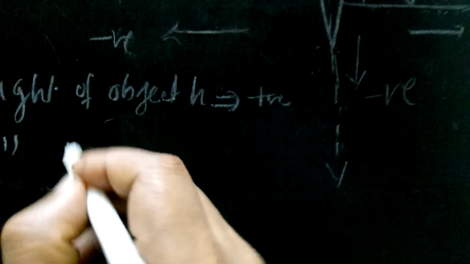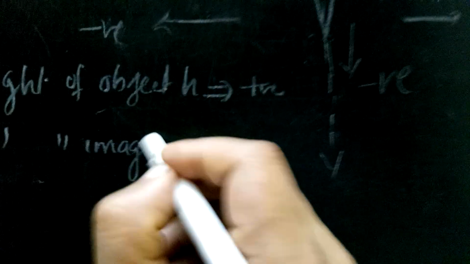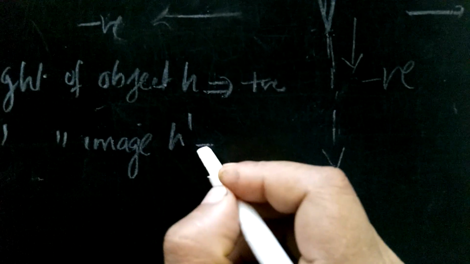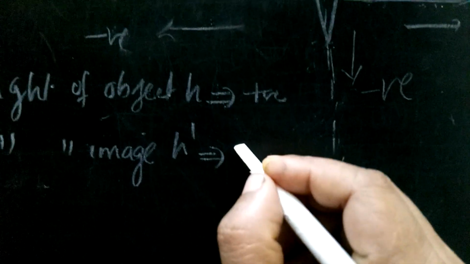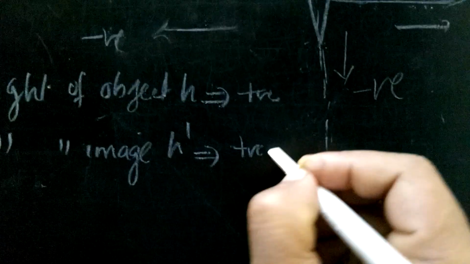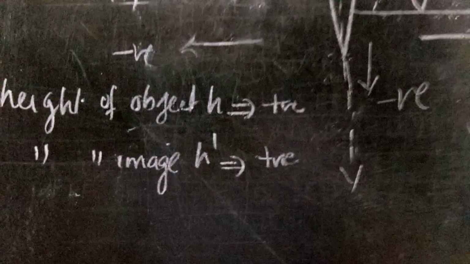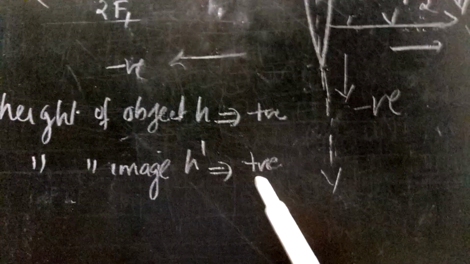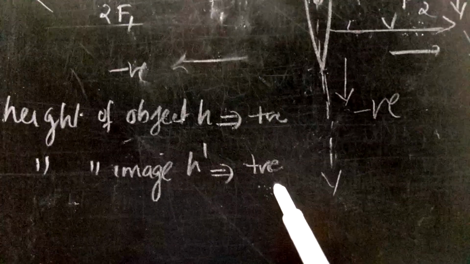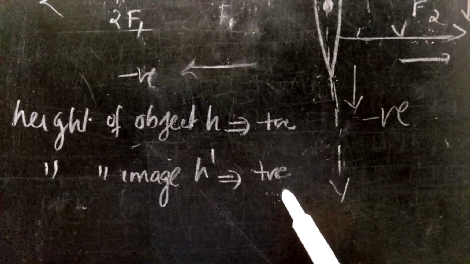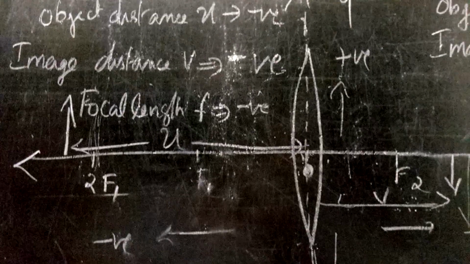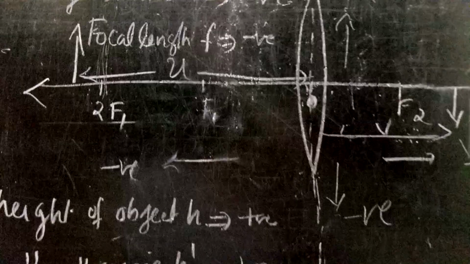Then height of the image h dash is positive, because the image is always virtual, erect and diminished, isn't it? So here the height of the image h dash is positive. So you can see here object distance u negative, image distance v negative, focal length negative, h positive and h dash positive. It is easy to remember, right?